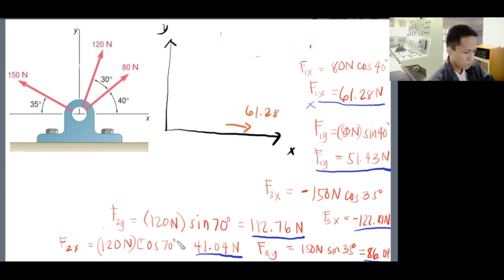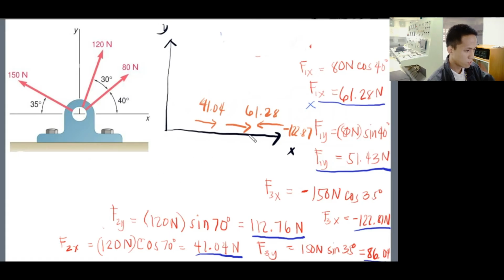F of 2x is 41.04, punta rin siya doon. Then yung ating F of 3x is negative, papunta siya dito. F of 3x is negative 122.87. So that's it.